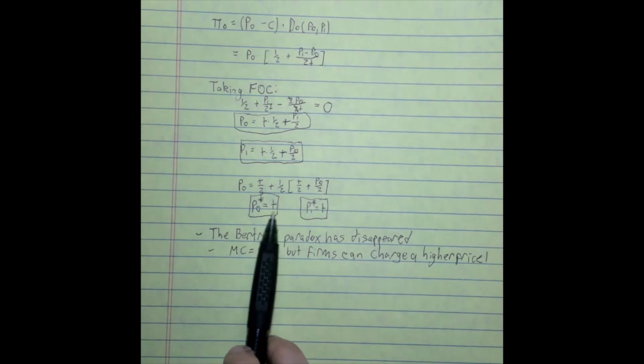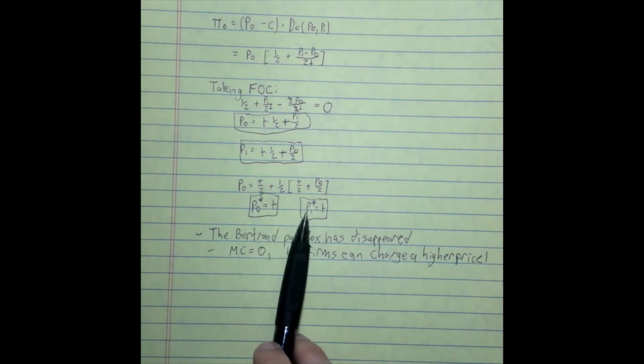If travel costs are large, firms can charge a price well above marginal cost, well above 0. So this gets us away from that particular problem.